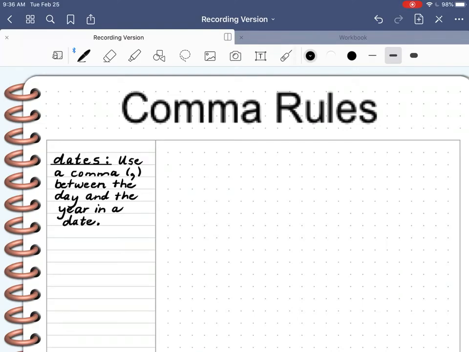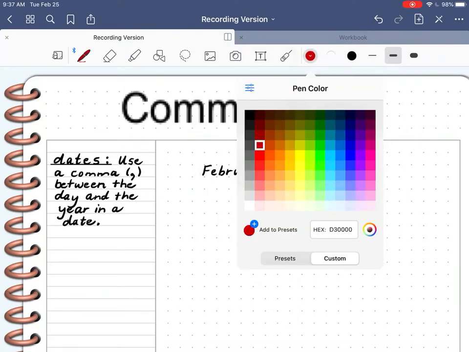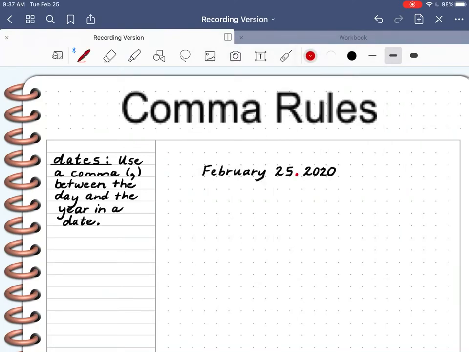So, for example, today happens to be February 25th, 2020. And you can see that the comma needs to sit there to separate those two. Your eye wants to see something right there to separate the day of the month from the year.